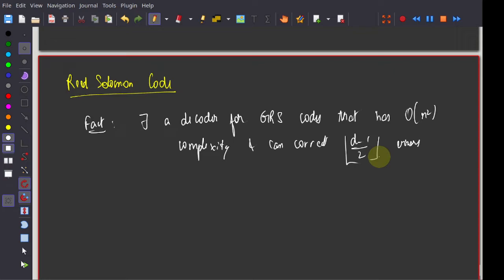Right? So it decodes all the way up to half the minimum distance and it operates in just order n square time. In fact, this has been improved upon. You can bring it down to order n times polynomial in log n. But for now, let's assume that this is true.